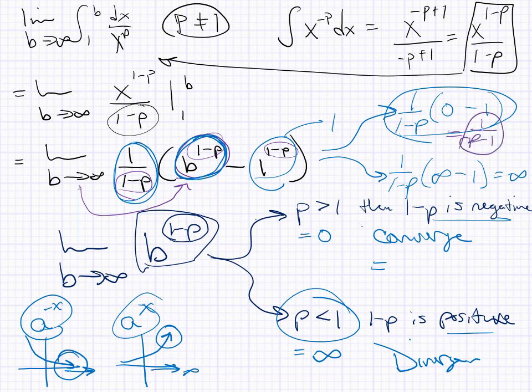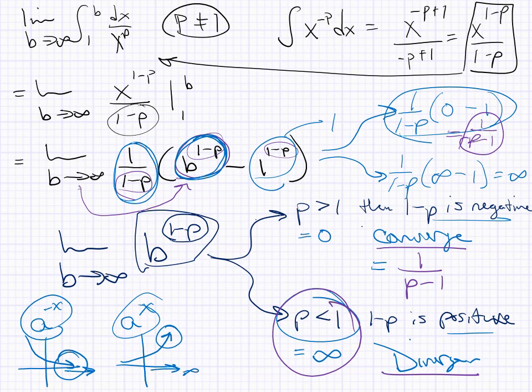But we see that when p equals 1, we diverge. When p is less than 1, we diverge. When p is greater than 1, we converge, and we converge to 1 over p minus 1. And so now we looked at that integral, and we noticed why it said what it said.